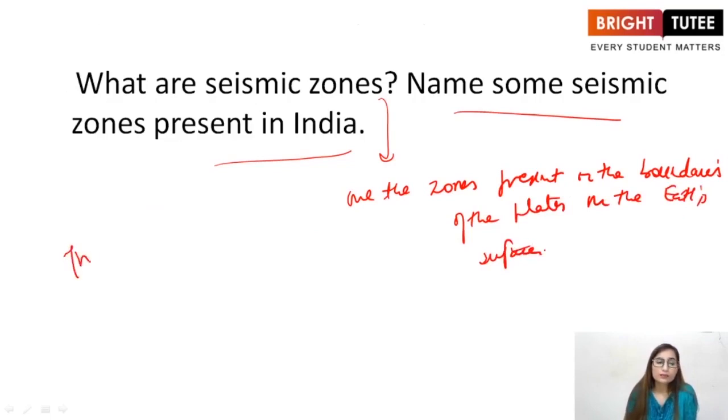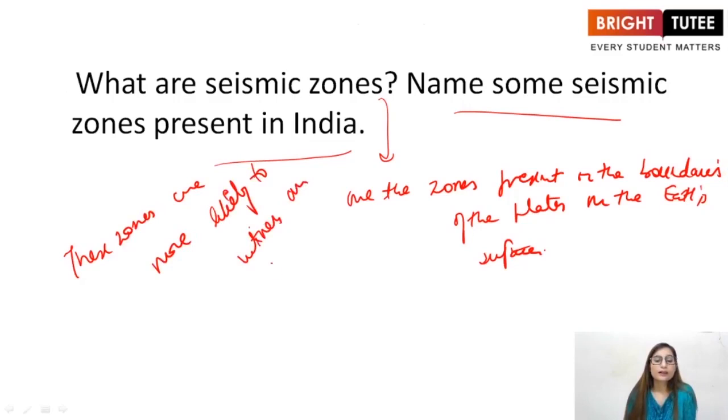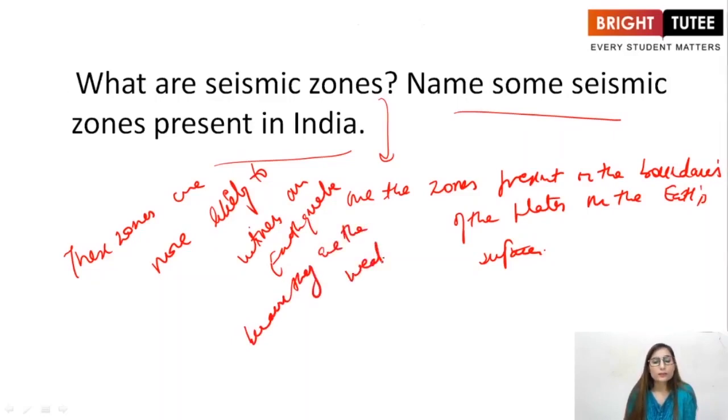These zones are more likely to witness an earthquake because they are the weakest, right? Because there is mostly chance on the boundaries where the two plates can either collide or brush past against each other, and this causes an earthquake.